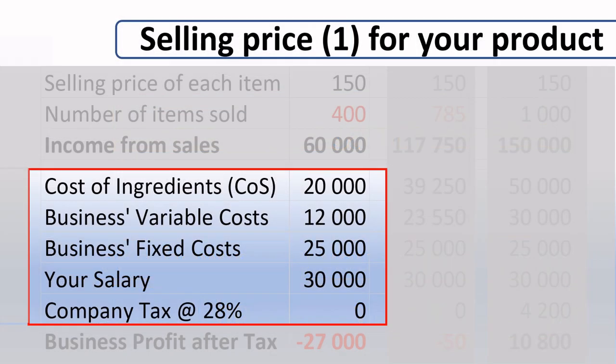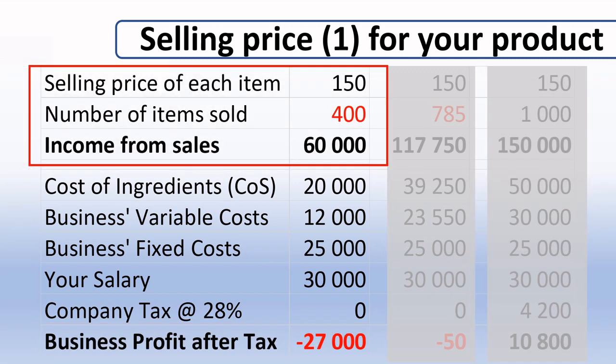Now take those 5 totals: the cost of sales, variable and fixed costs, your salary and company tax, and copy those amounts over onto a blank spreadsheet. Then choose an amount that you think would be a reasonable selling price for each item. Put that above the costs.